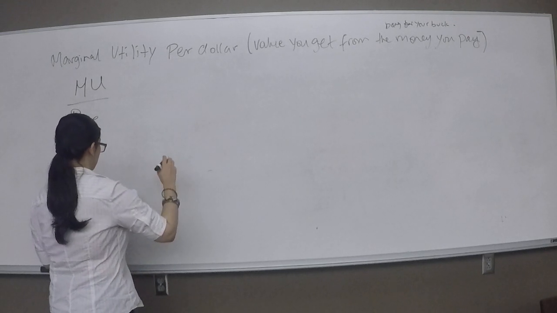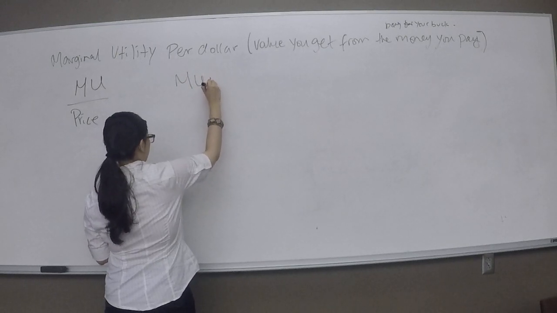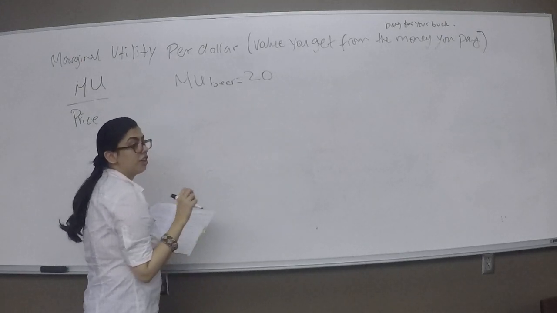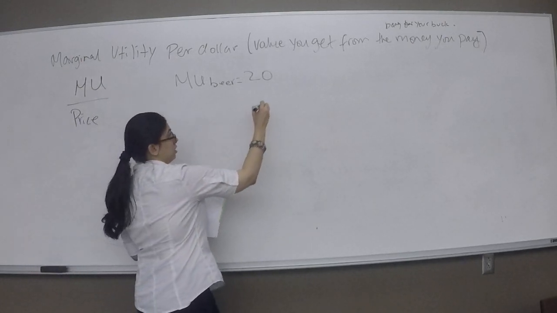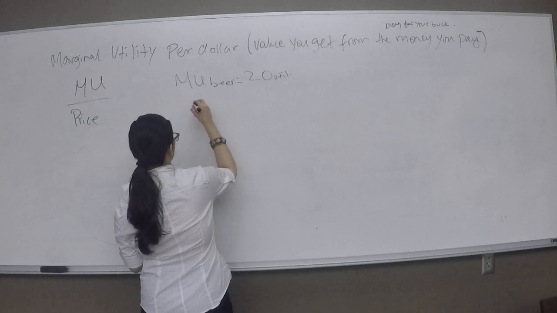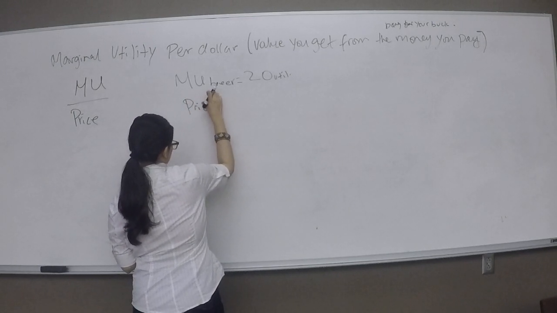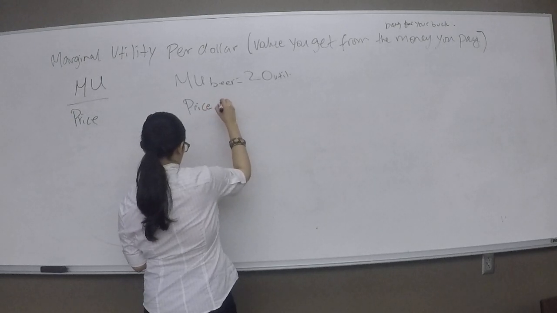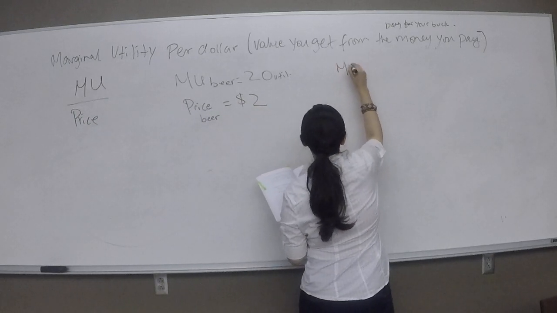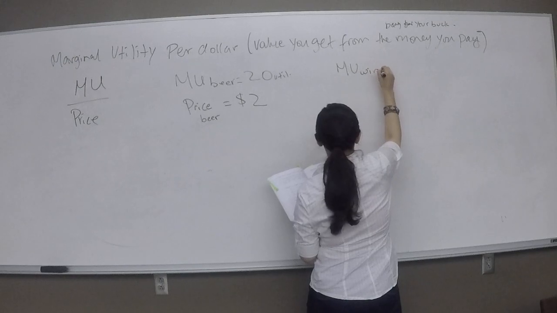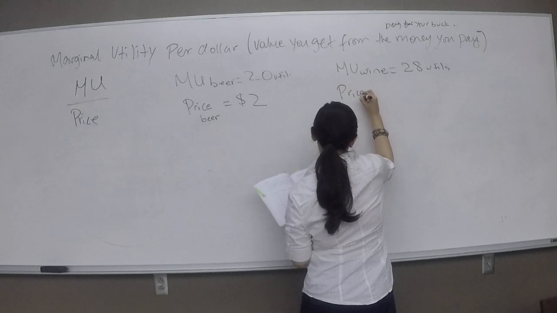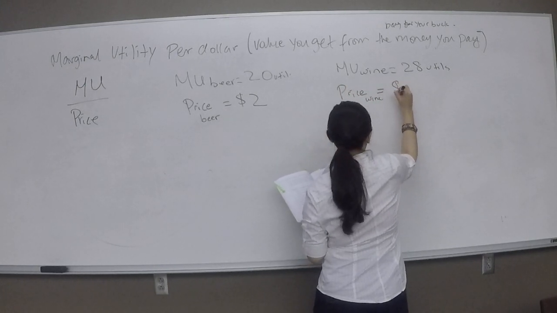So, if you're given marginal utility of beer equals 20 euros, so 20 satisfaction you're getting from beer, and the price of beer is $2. And the marginal utility you get from wine is 28 euros, and the price of wine is $7.